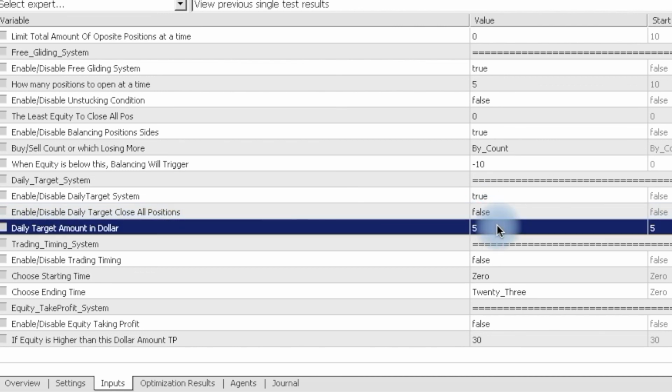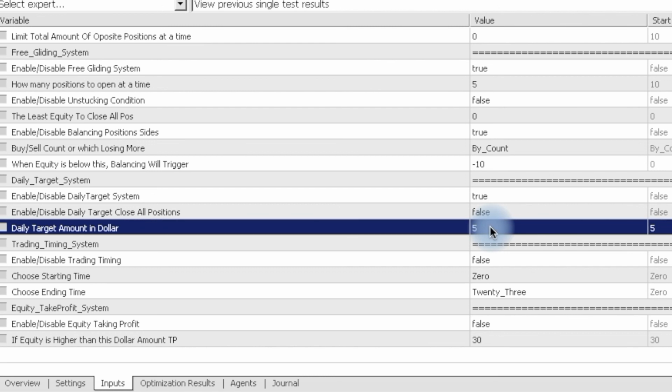the system will look at all trades that have been done throughout the whole day. Maybe one of them was -2, one -15, one -30, and then it will add all these together. If it sees at any point that my total gain, the addition of all these positions in this one day, crossed $50, which is 5 multiplied by my leverage and lot size, then it will not trade anymore.